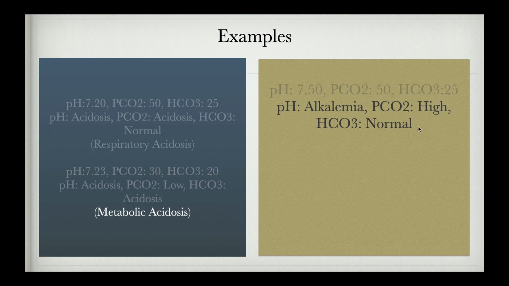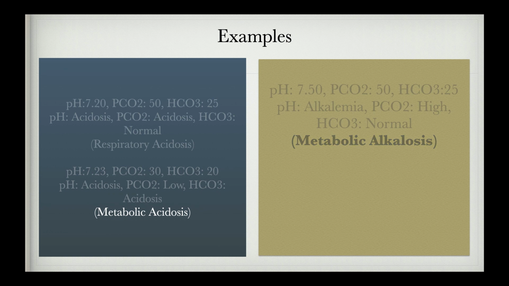Now the bicarbonate is 25, which is within normal. And so since the pH and the carbon dioxide are going in the same direction, we say there is a metabolic disorder. And since we are having alkalemia, we say we have metabolic alkalosis.